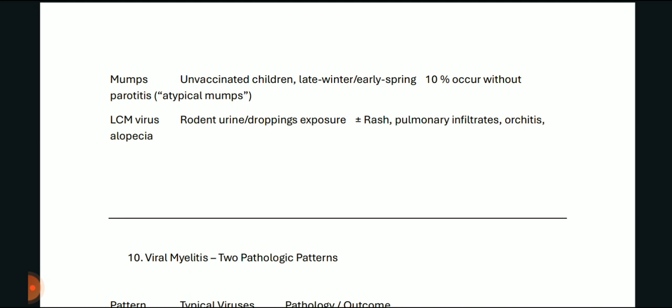LCM virus is seen with a history of rodent urine or dropping exposure, plus minus rash. Rash can be there, cannot be there. Pulmonary infiltrates, orchitis, and alopecia can be seen.